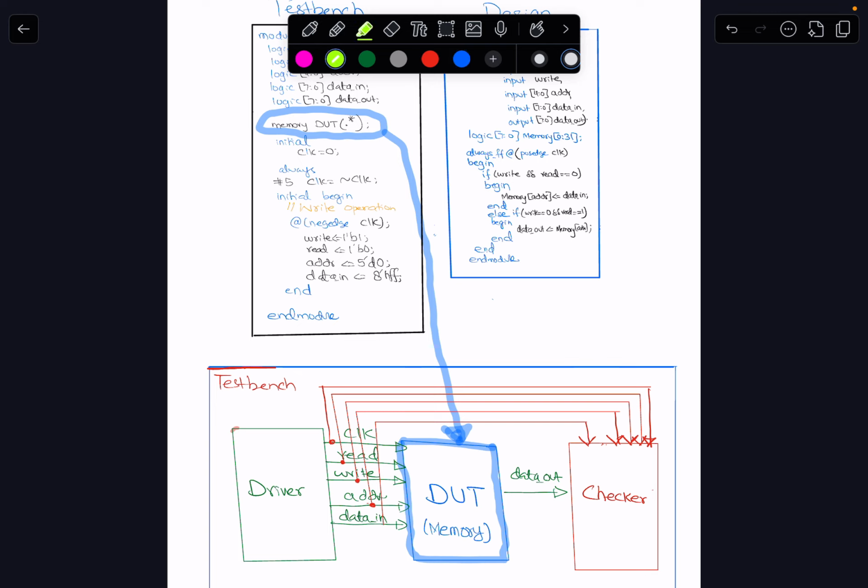Then we have the driver part, this one over here. And so we are left with this checker.